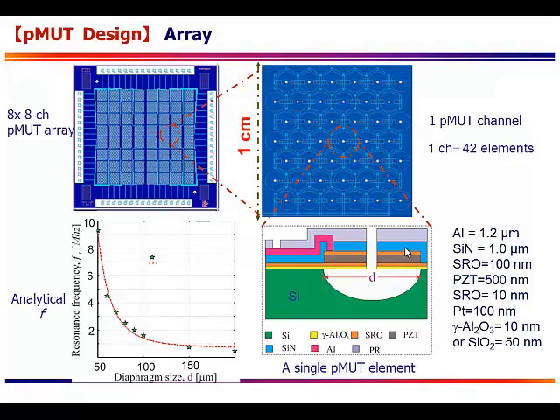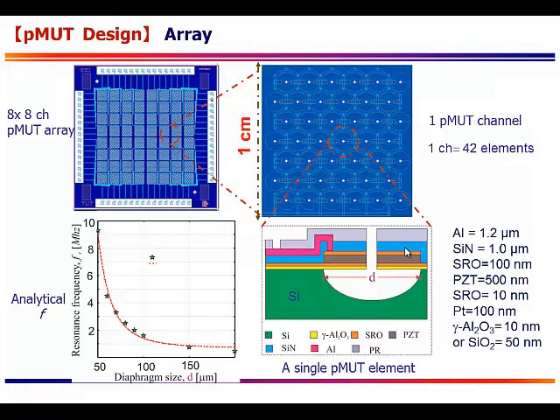In the bottom left picture, we use some kind of analytical calculation of the resonance frequency, and that was just a guideline, but you cannot use it as a tool to design your pMUT transducer, because you cannot get the correct resonance frequency with an analytical solution.